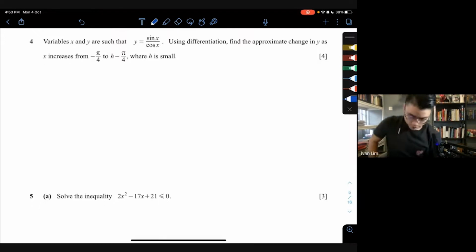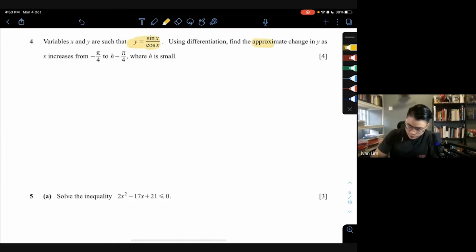Variables x and y are such that y equals sine x over cos x. Using differentiation, find the approximate change in y, meaning delta y, as x increases from negative pi over 4 to h minus pi over 4, where h is small. All right. Easy way to do it.